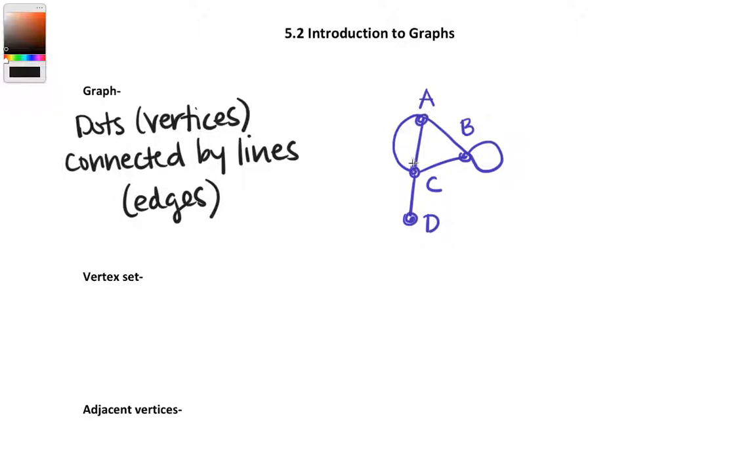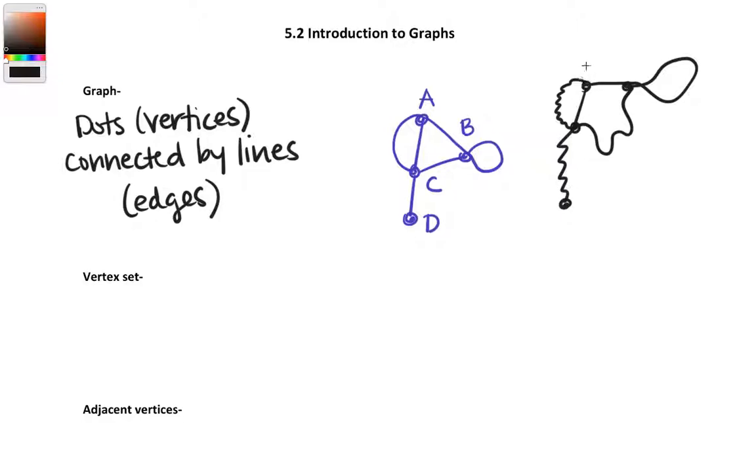It should be noted here that the shape doesn't particularly matter. All that really matters is what's connected up to what. It doesn't matter that this edge is nice and round and this one is straight. We could have just as easily drawn this graph like this with a wiggly edge, or had this one come way out here and the loop be really funny looking, and had this edge be all zigzaggy.